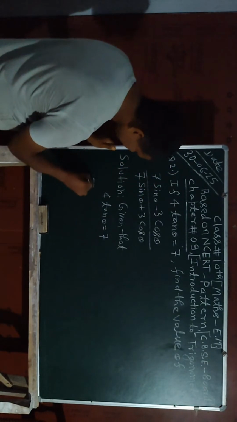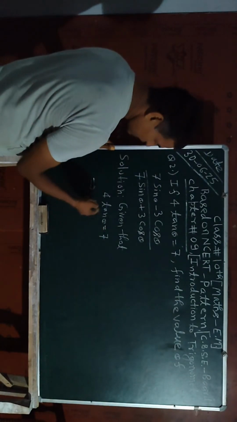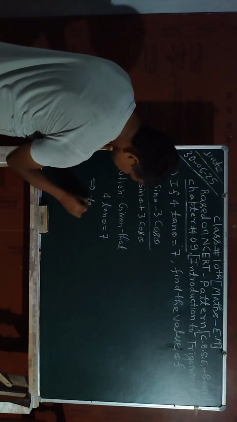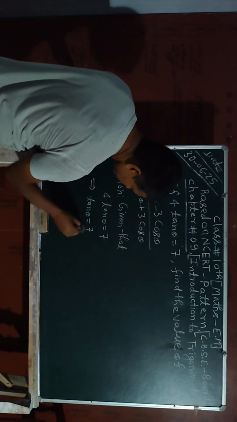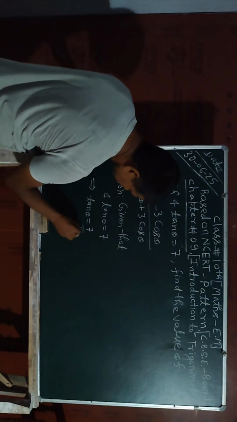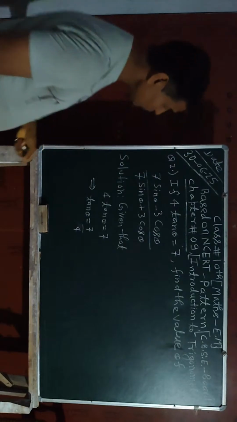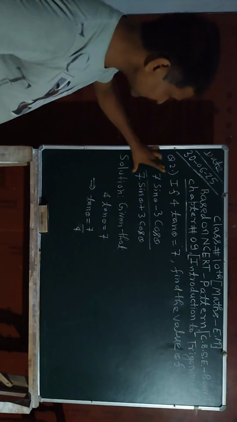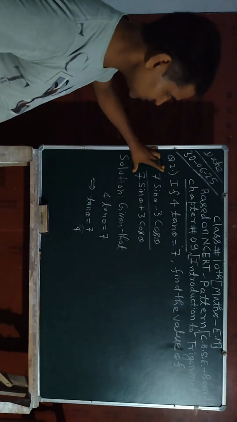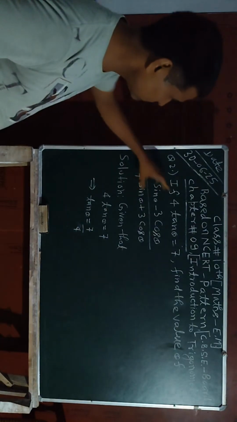If you like, you can move what is multiplied with tan theta, so in the left hand side I write only tan theta, which will be equal to 7 divided by 4. Now we have to get the values of sin theta and cos theta, then write this expression, and after that I will get its value. That is the requirement of the question.